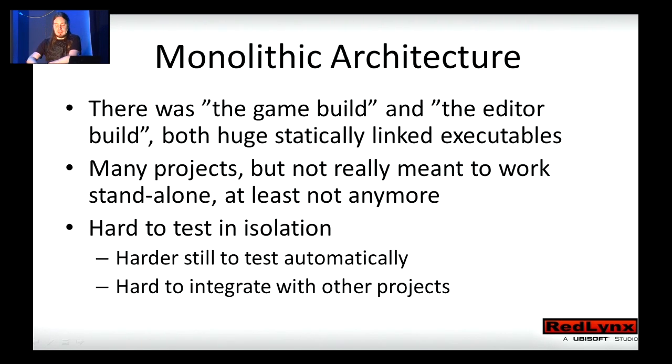We just had these monolithic two binaries. The problem was that our code base wasn't modular enough to do these small things fast enough. You had to always initialize the whole engine and everything, and it was really hard to do any small tools and to improve those because the architecture was like that.